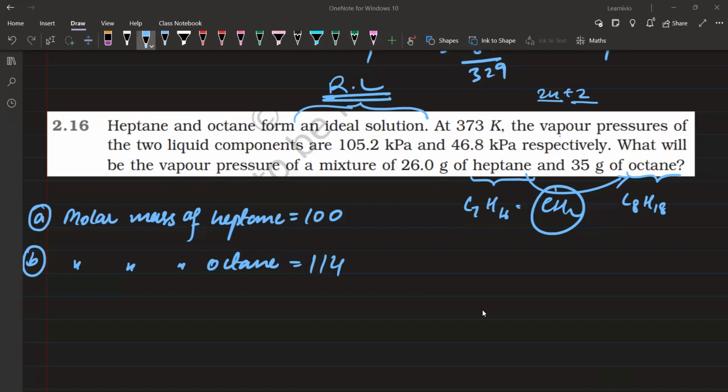हो जाएगा ना? The vapor pressure of two liquid components, what will be the vapor pressure of the mixture? हो जाना चाहिए 26 grams and 35 grams.